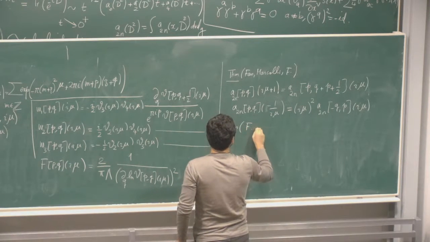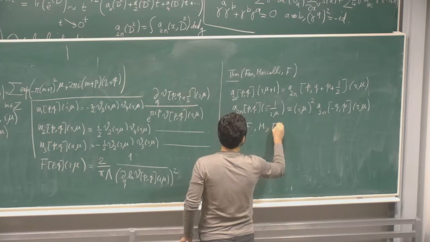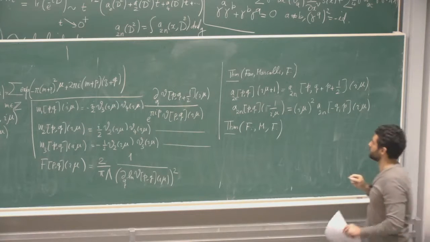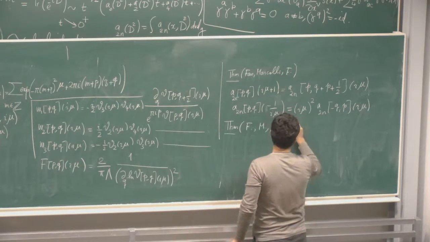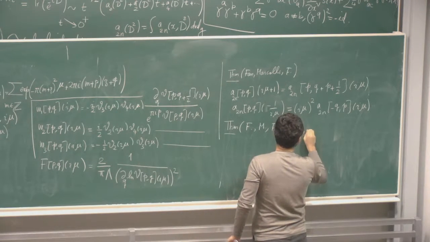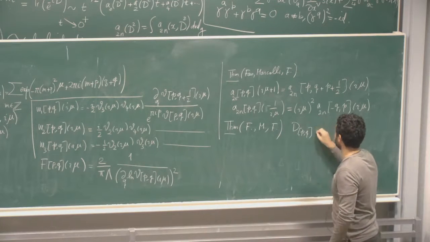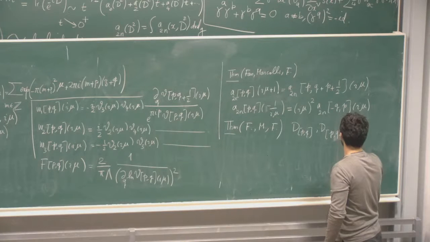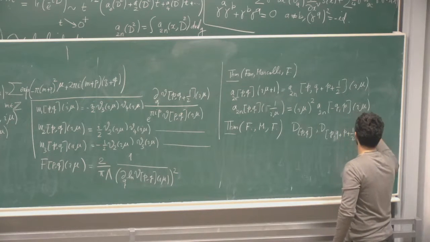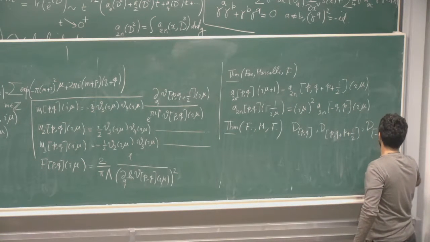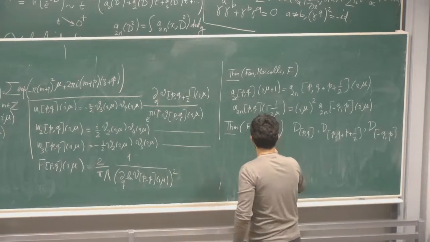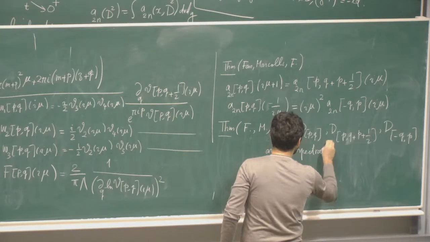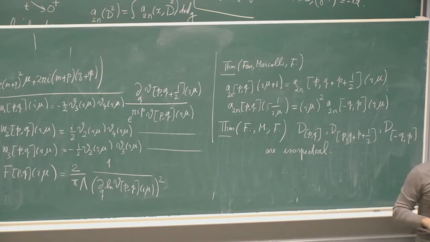Let me abbreviate Fan, Marcolli, and myself. The reason for this happening is that the Dirac operators associated with the metric at P, Q are isospectral.